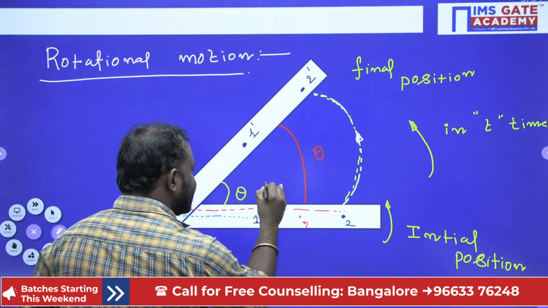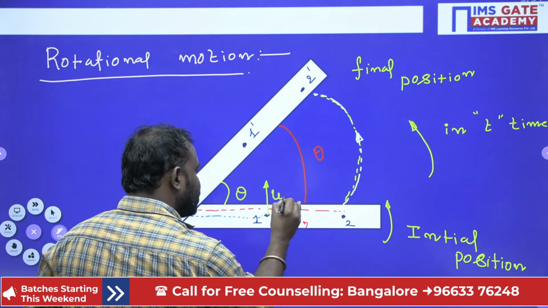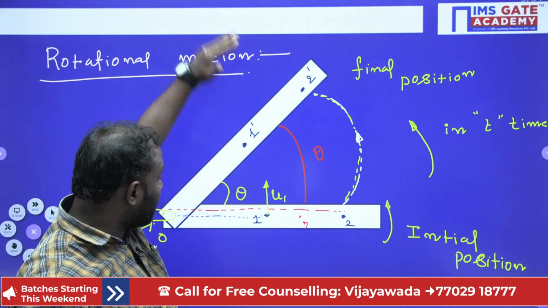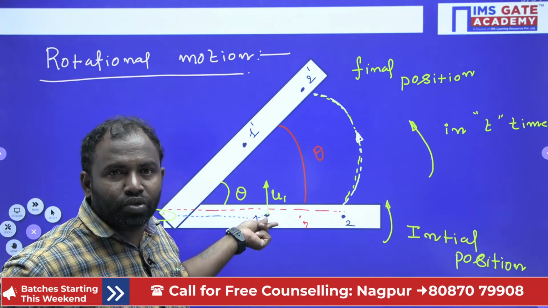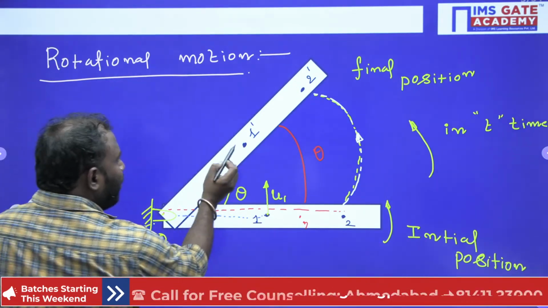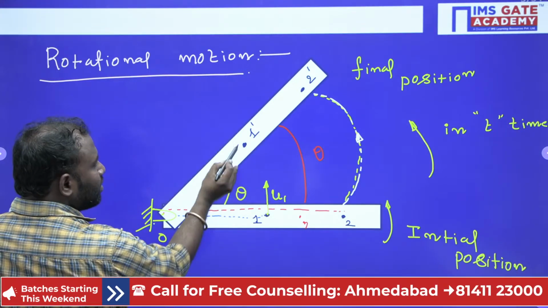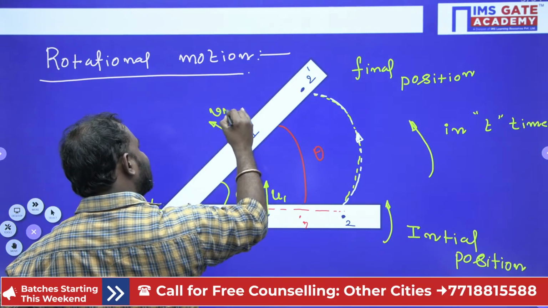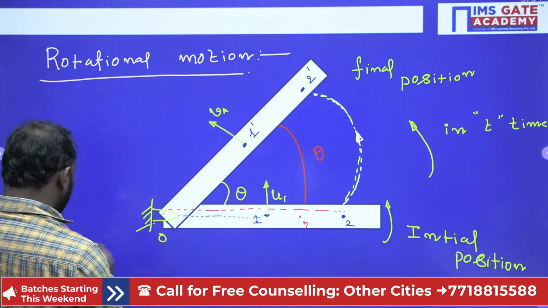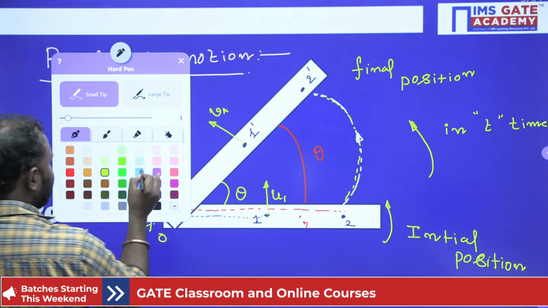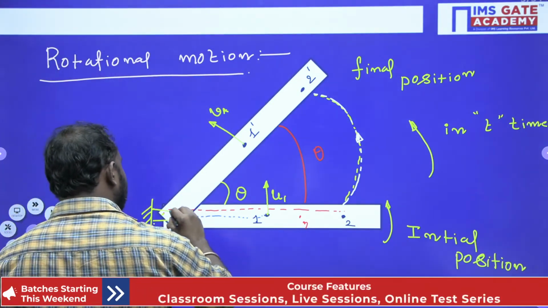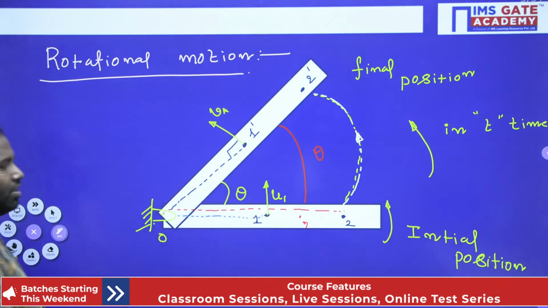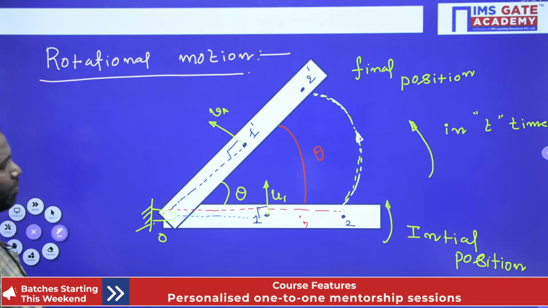Say it is exactly perpendicular to the radius, and we call it u1. Now it reaches the final velocity, and its direction is perpendicular to the axis of rotation. That means this is my radial distance and the velocity is perpendicular to the radial distance.